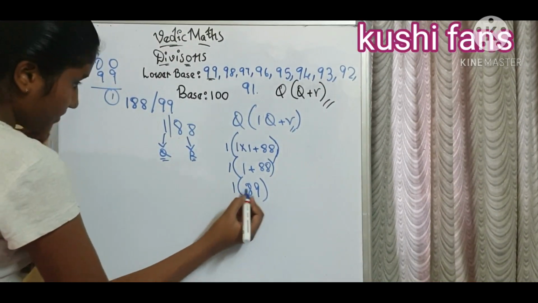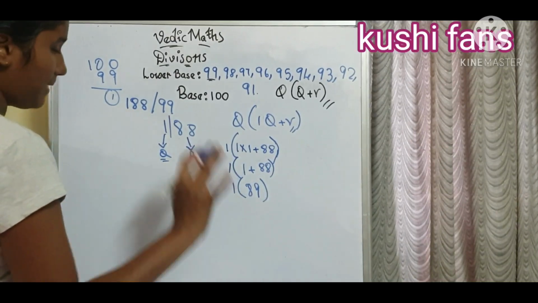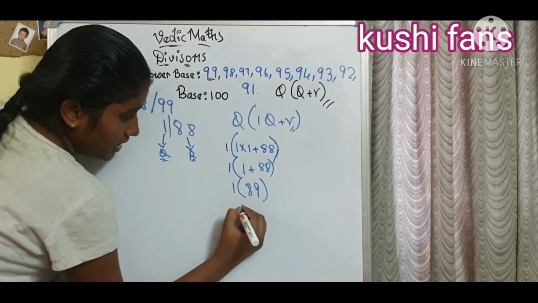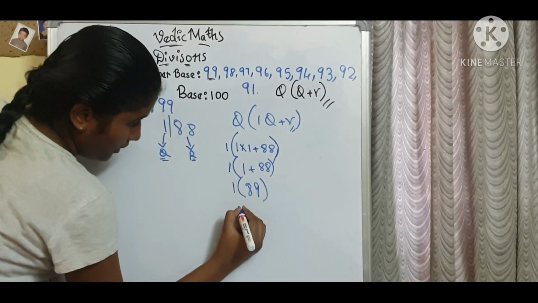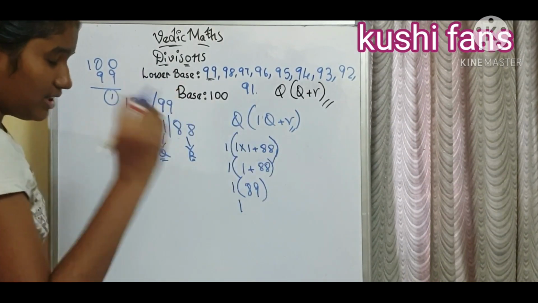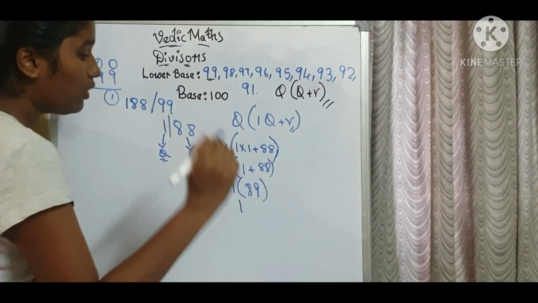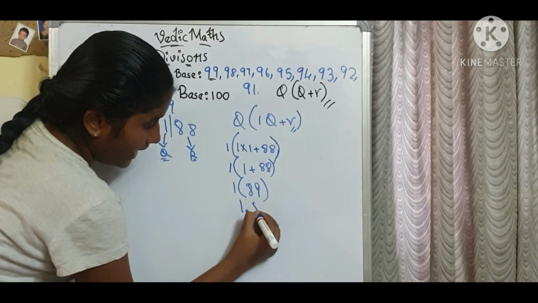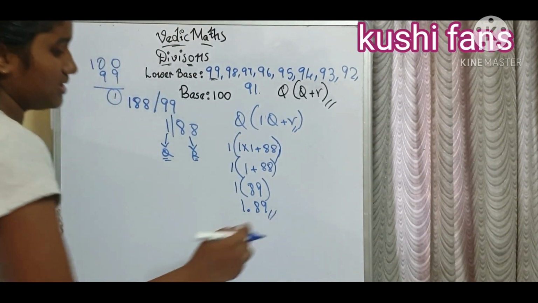So for me no problem. I will tell you that problem also, how to do it. Now over here we will remove our bracket. If we do it this way, the answer will come in decimal only. 1.89 will be my answer.